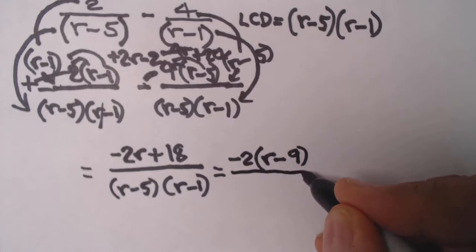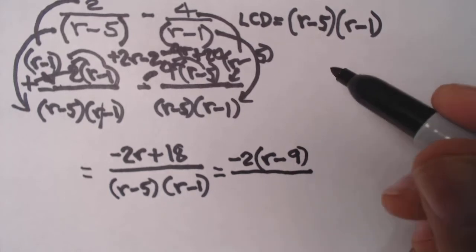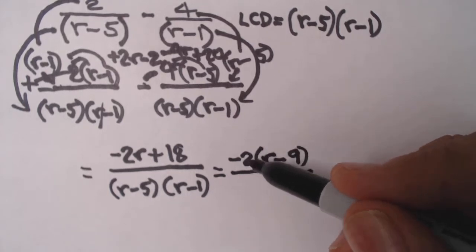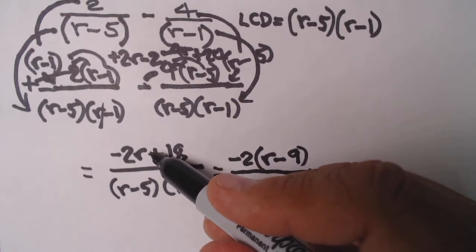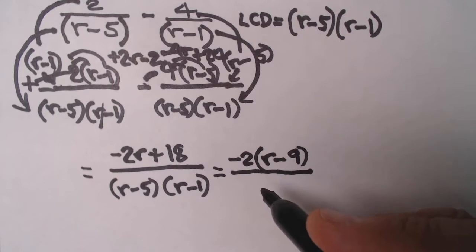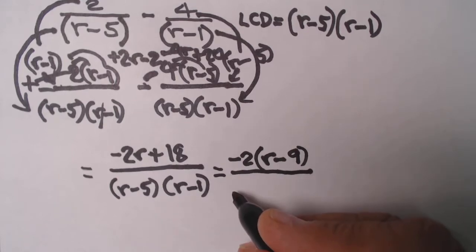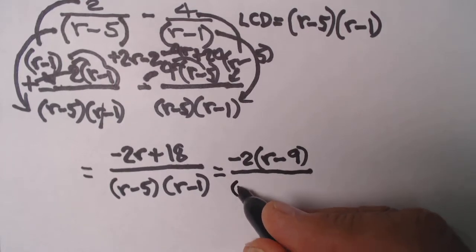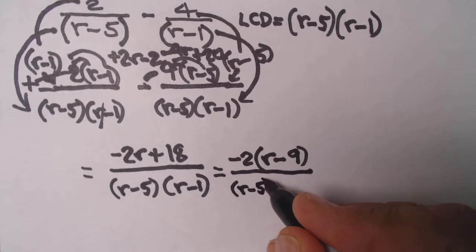Let's double check that by distributing back to see if we goofed up. Negative 2 times r is negative 2r. Negative 2 times negative 9 is positive 18. We look good. Now, of course, copy down what the bottom is. It's all factored for us, so it's a single term.